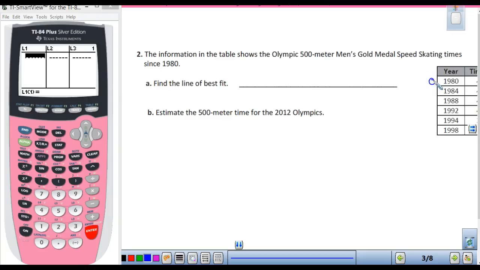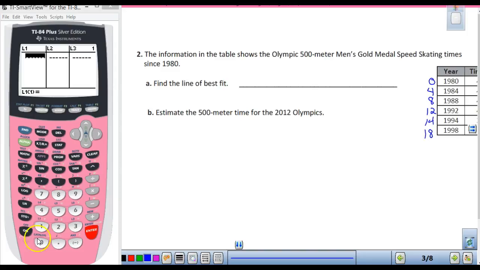So 84 is how many years later? 4. So that's going to be 4. 88 would be 8. 92 would be 12, 94 would be 14, and 98 would be 18. Be careful with that.